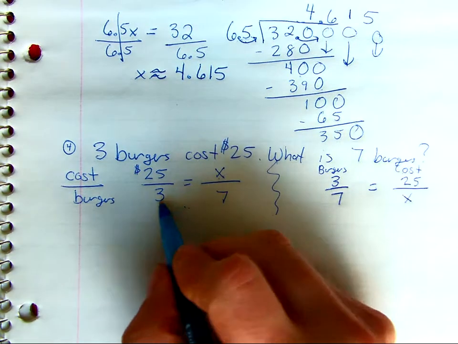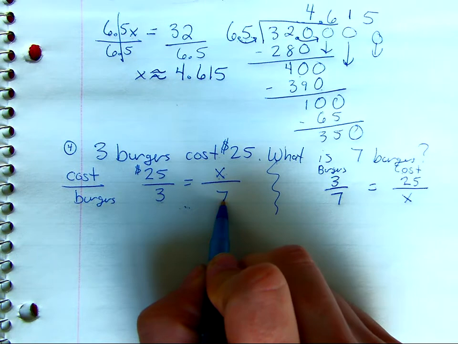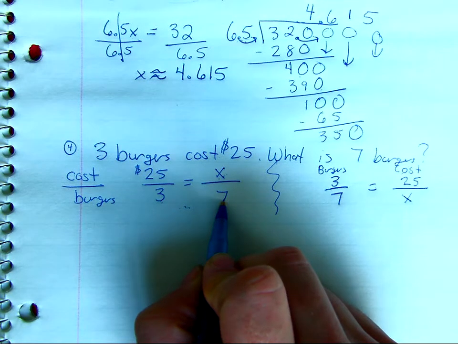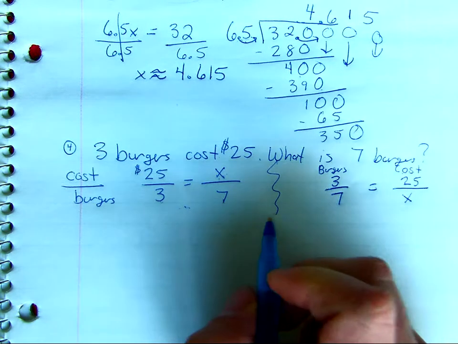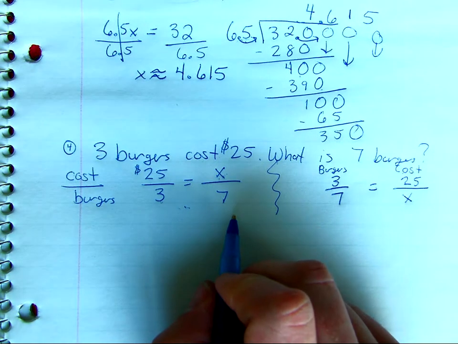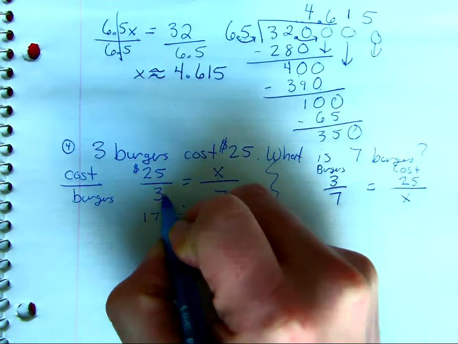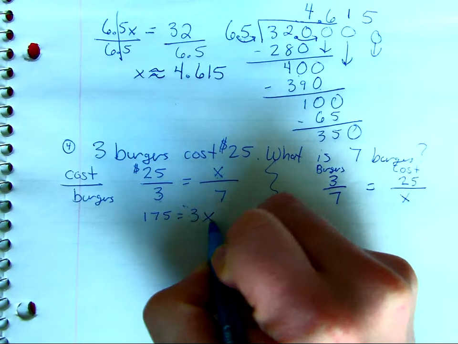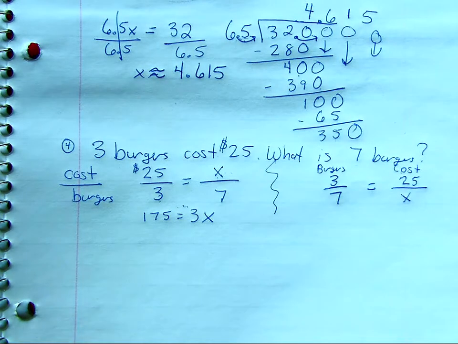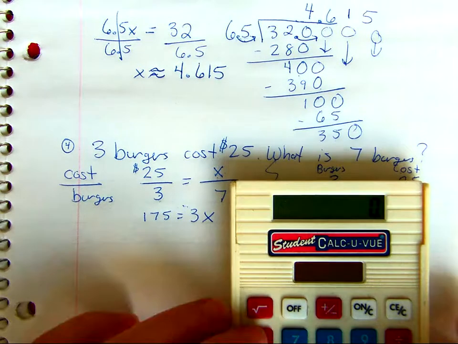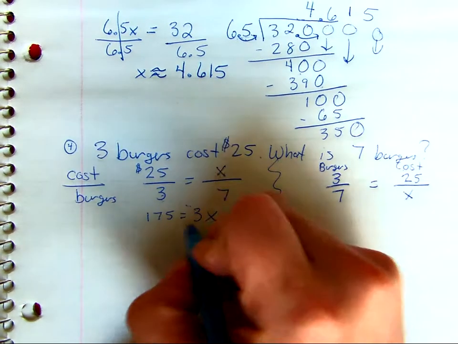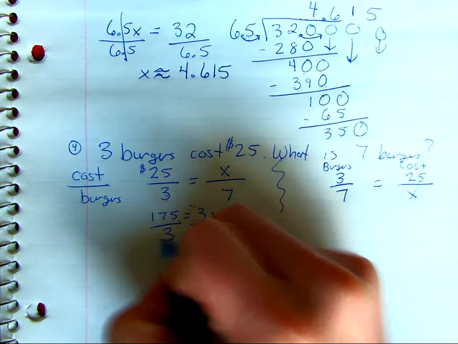But I would do 7 times 25, which is what? How about 175? And that's going to be equal to 3 times x, so that's 3x. To save us a minute, we could look at 175 divided by 3.